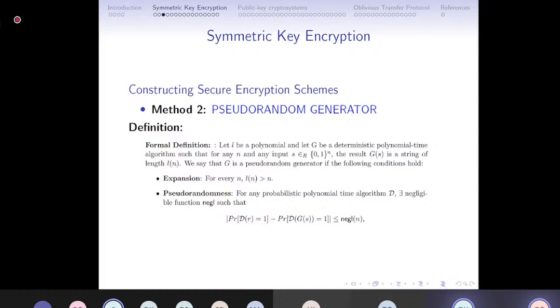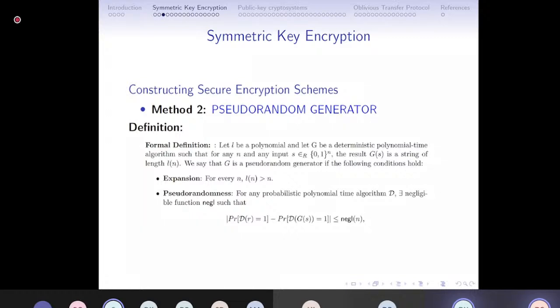The idea behind the pseudo random generator is that suppose we have an n length key. For the given n length key, it converts it into an L length key, where L is very large compared to n. That means it converts a low amount of bits into a high amount of bits in a secure way.